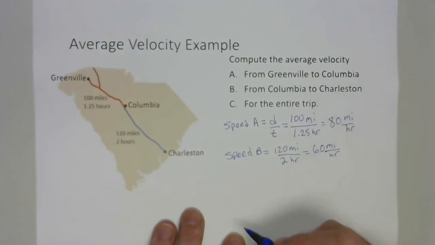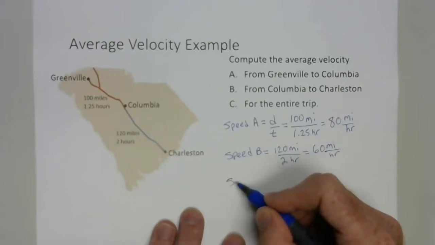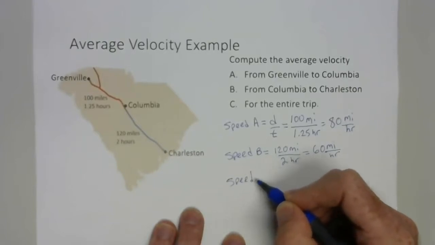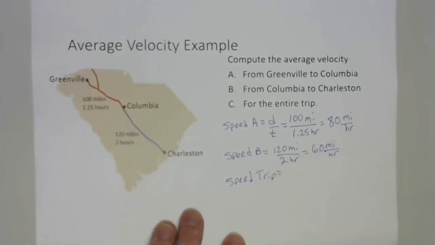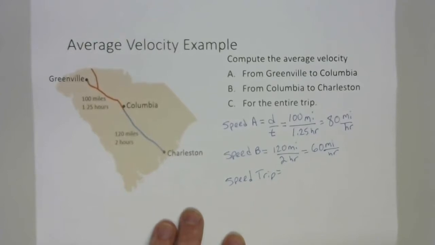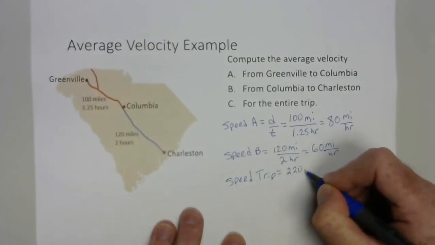Now for the entire trip, so speed for the trip is going to be what? It's going to be the 100 miles plus the 120 miles, or 220 miles.